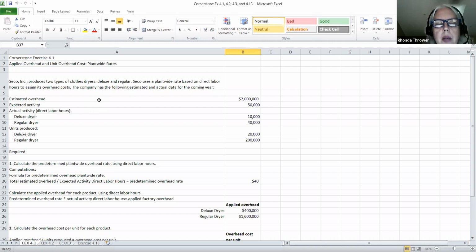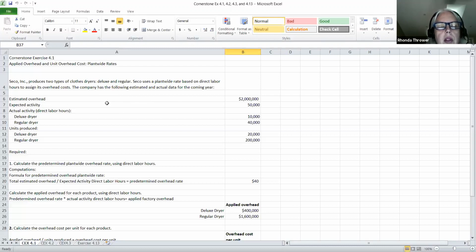If we waited till the end of the period and determined the actual factory overhead, it would be too late for us, let's say, to quote a selling price to a customer. So what we have to do is estimate our factory overhead at the beginning of the period. And at the end of the period, we'll look at what actually happened in the factory overhead account and compare it with what we have estimated for that period of time.